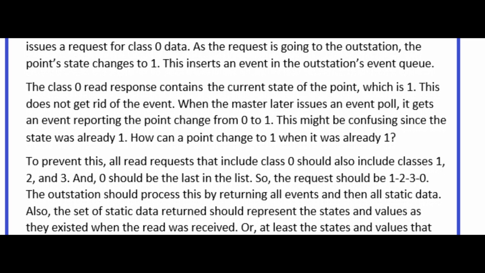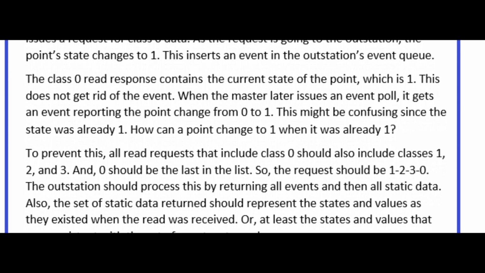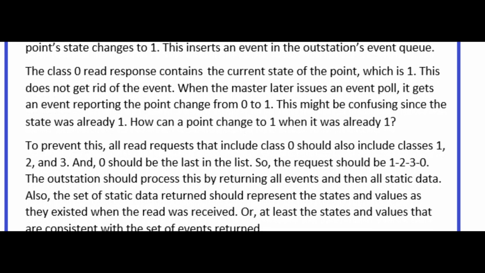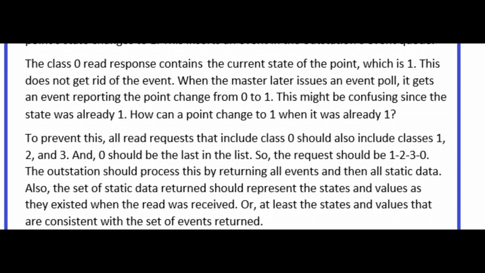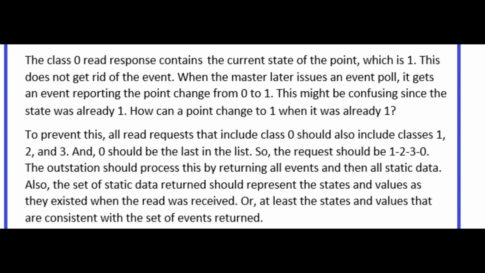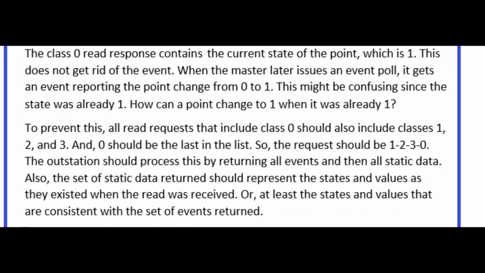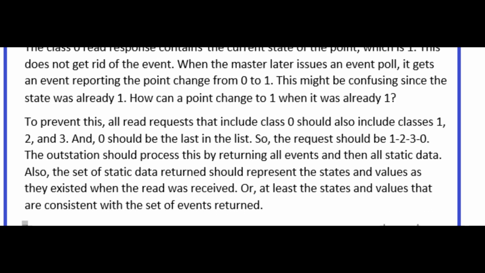To prevent this, all read requests that include class 0 should also include classes 1, 2, and 3. And 0 should be the last in the list. So the request should be 1, 2, 3, 0, as was shown in the prior examples.